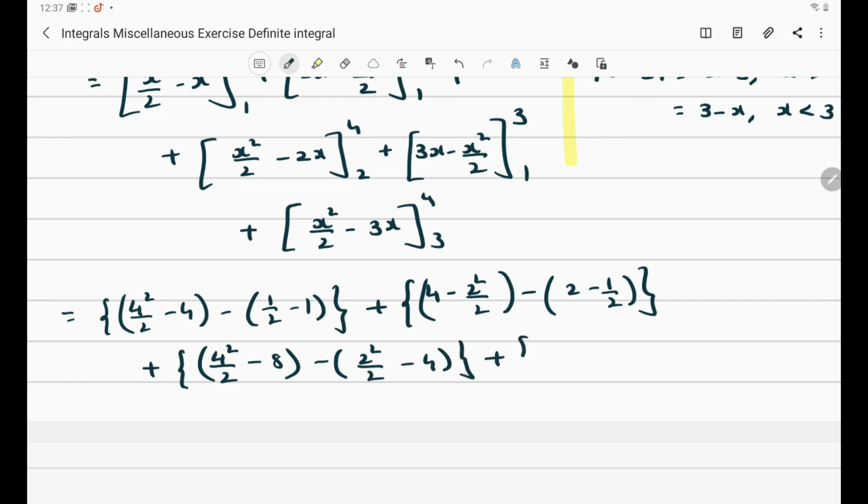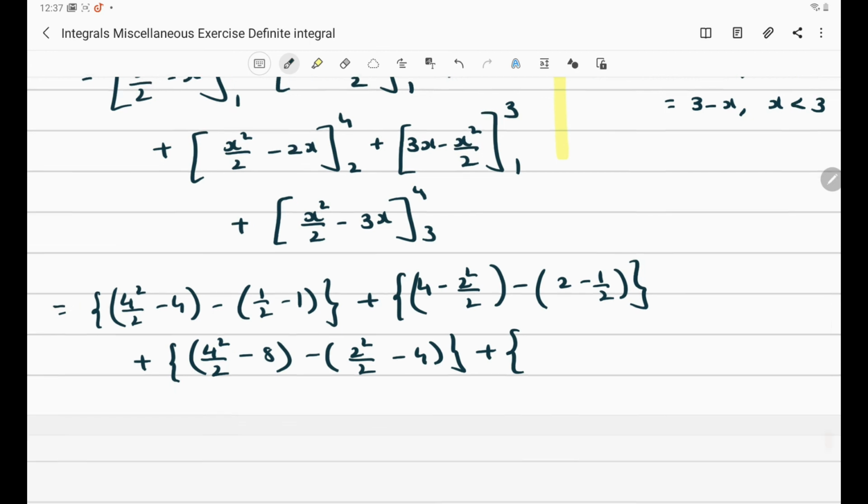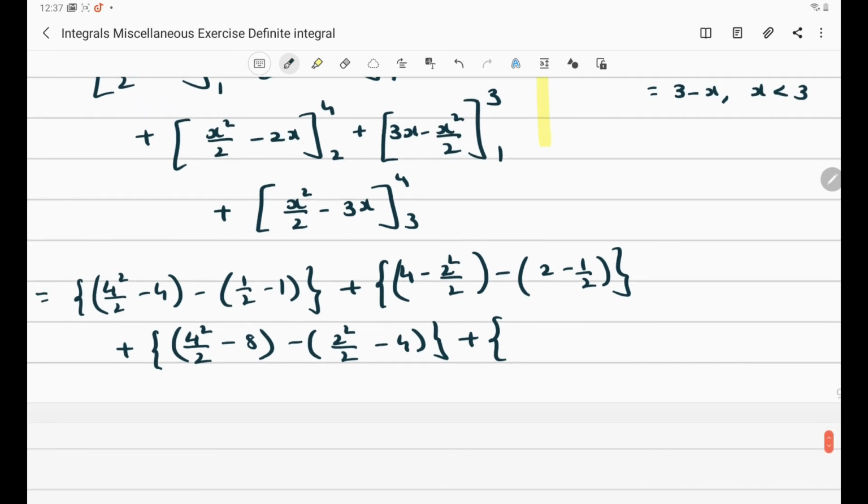Then plus again we apply the upper limit and lower limit for this integral 3x minus x square by 2.